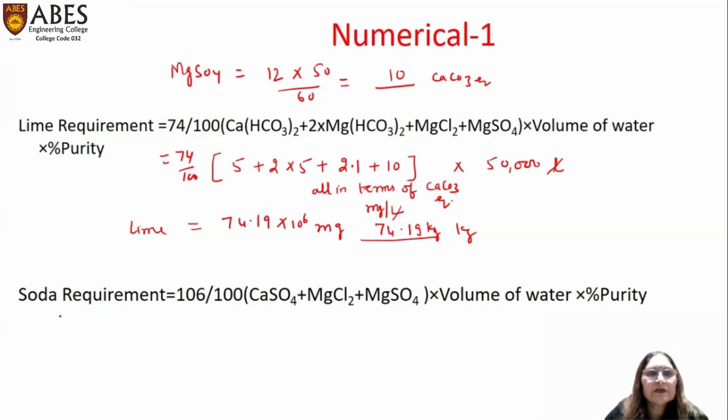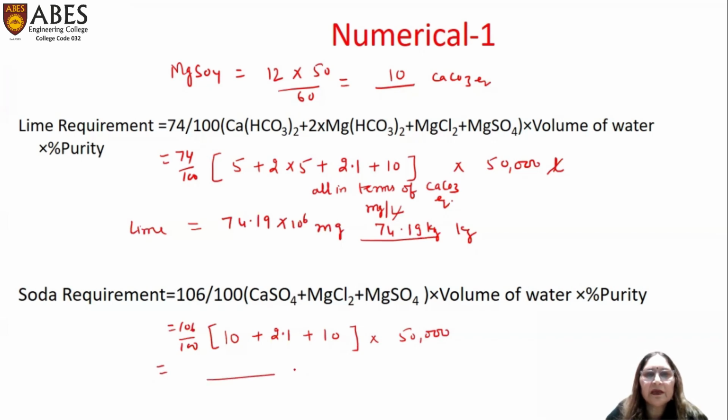Now, the next step is the soda requirement. Soda always removes the permanent hardness causing salts, and we put the values: 106 divided by 100 into calcium sulfate 10 calcium carbonate equivalent, plus magnesium chloride 2.1, plus magnesium sulfate also 10 calcium carbonate equivalent, and volume of water is 50,000.